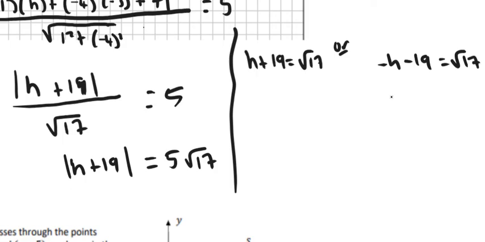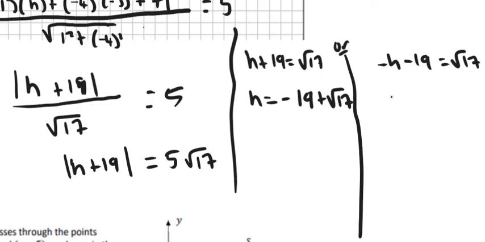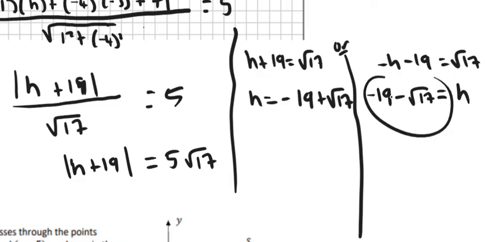So I can bring the 19 over here, so h is equal to minus 19 plus 5 root 17. That's one scenario. The other is, if I brought the h this side, to make it a bit easier, h is equal to minus 19 minus 5 root 17. So those are our two answers.